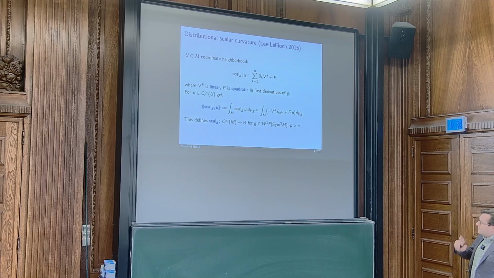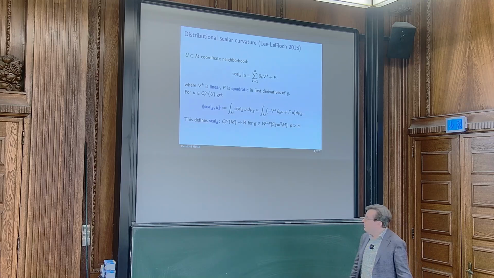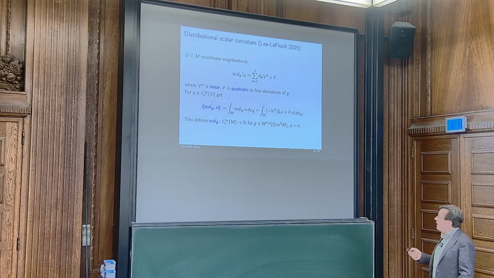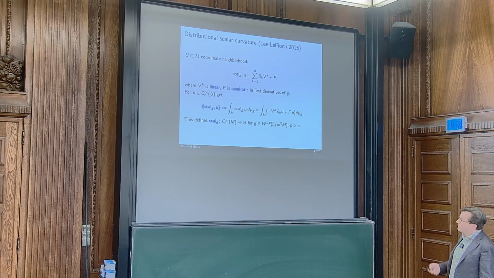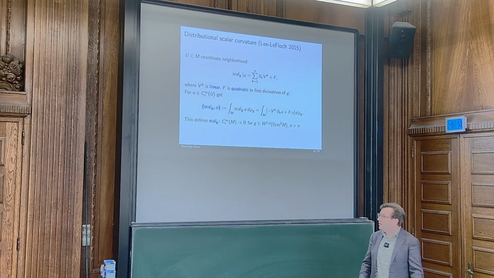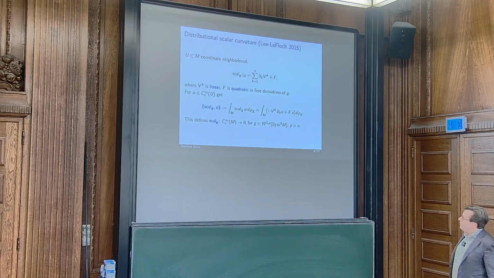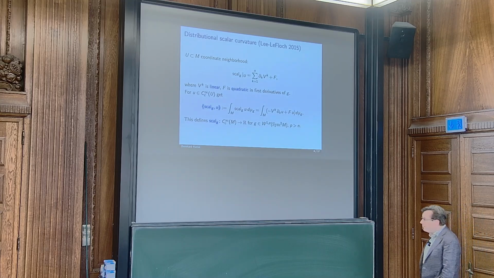But this is definitely of regularity below C2, at the price that we have to pass to a scalar curvature distribution. So the scalar curvature is no longer a function on our manifold, but it's a distribution. But this is actually enough for our purpose. So this is the first ingredient, scalar curvature distribution.